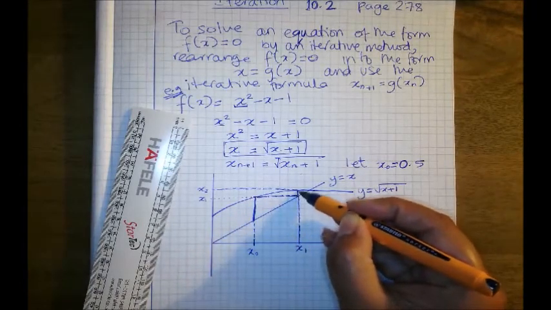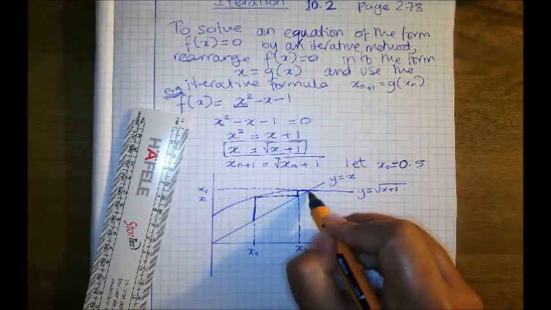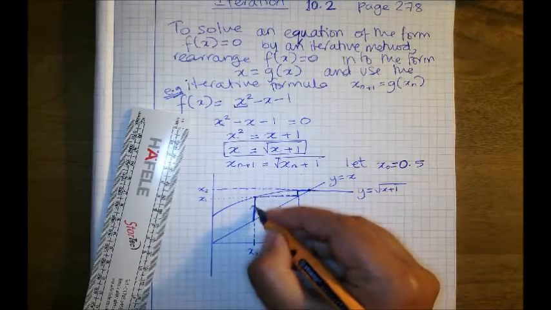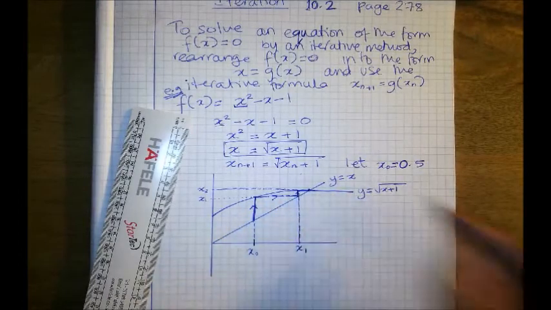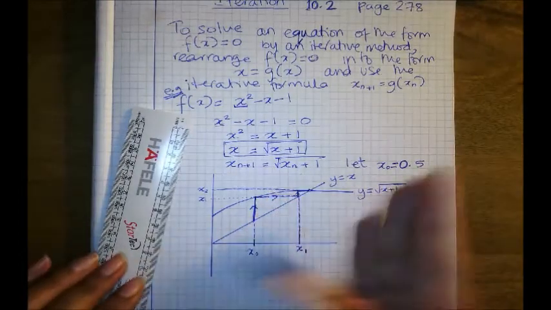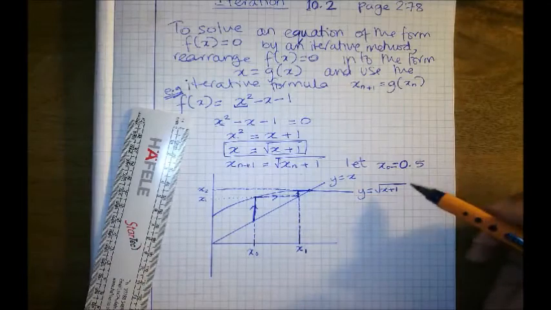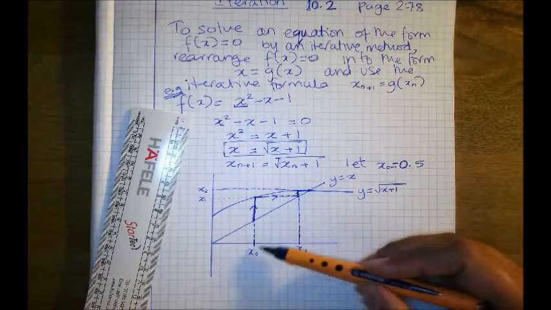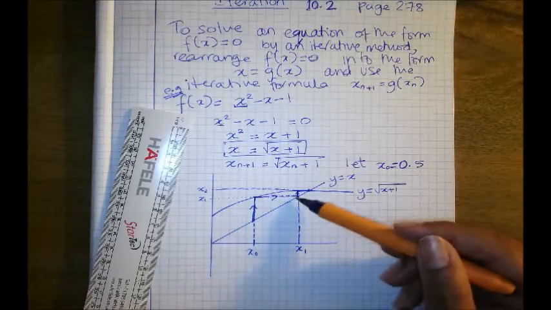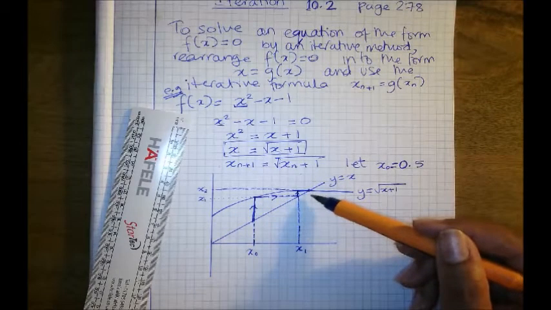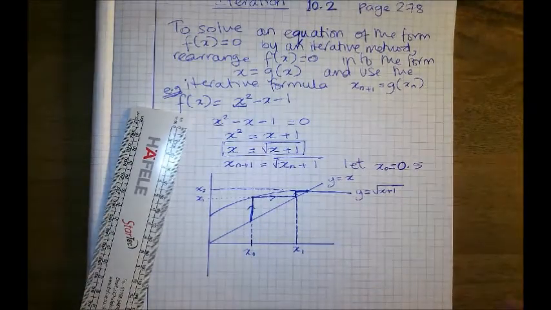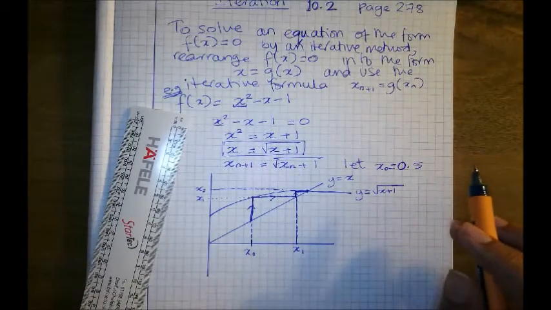Well, this is your x1, because if this is x1, then this is also x1, because we've made y equal to x. Now we are going to input x1 into our original function, and that is going to give us an output of x2, which is there.